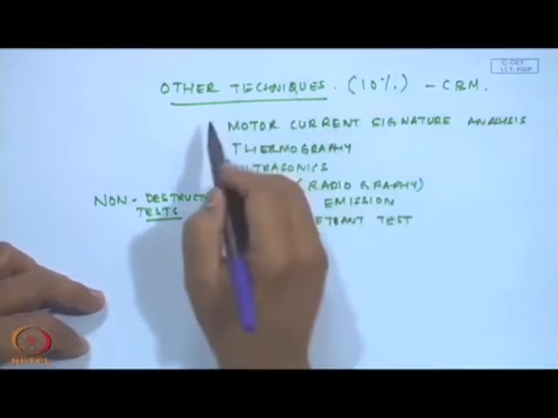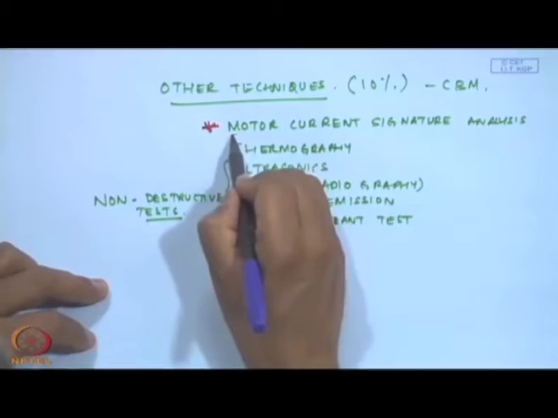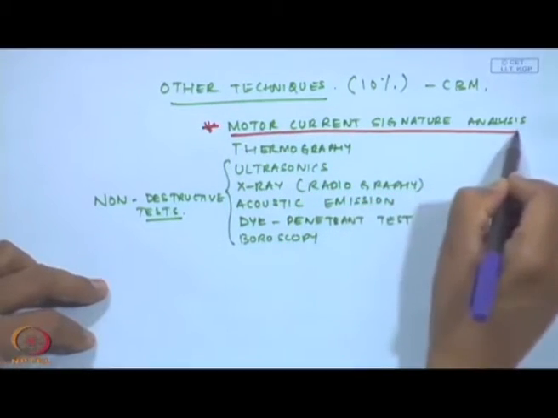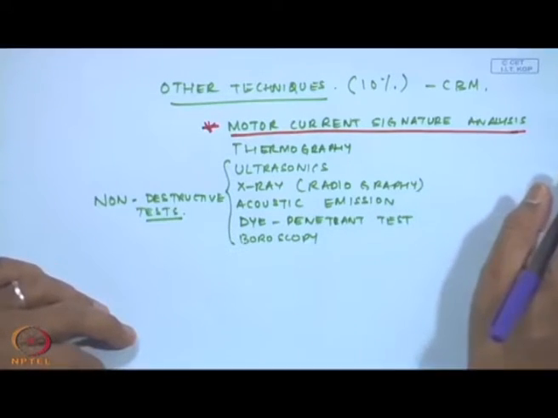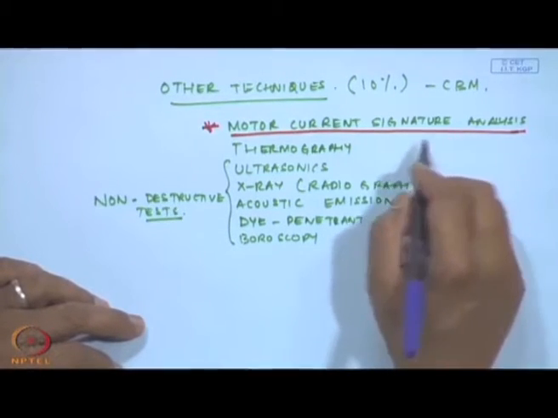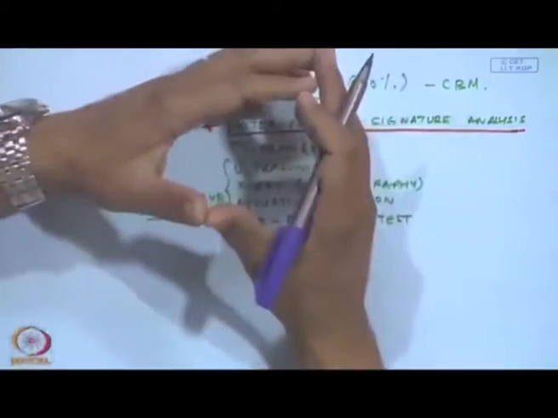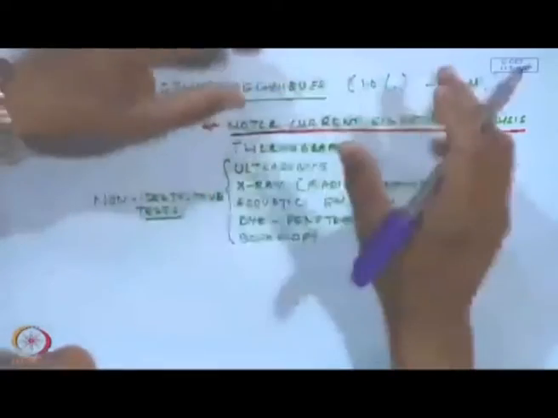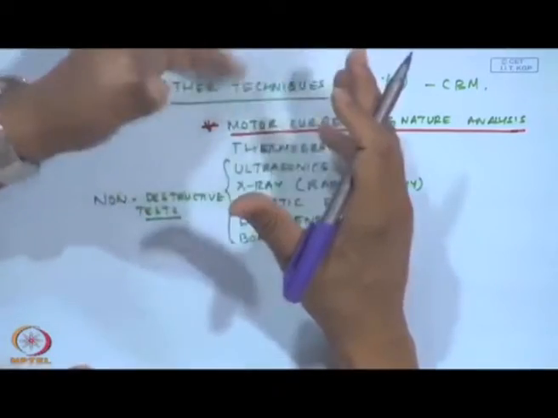Recently, what has happened is that motor current signature analysis has become a leading technique in CBM, and we in IIT Kharagpur have done some pioneering research in motor current signature analysis to find out faults in mechanical systems using the current drawn by the electrical motor which is driving either the gearbox or the mechanical driven unit.